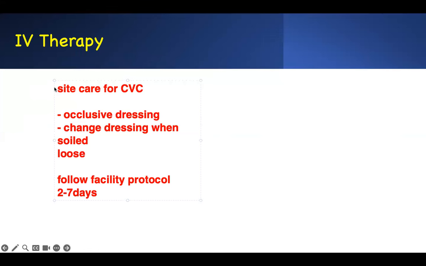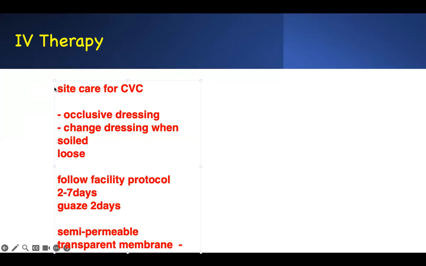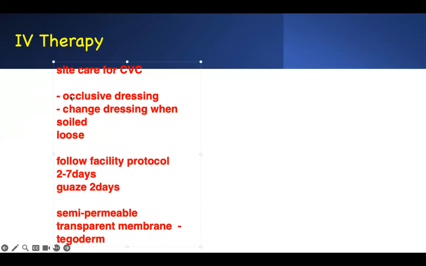If you just have gauze on it, 2 days is okay. Most of the time, they want you to have a semi-permeable, transparent membrane dressing, which is what we call Tegaderm. You've heard it before, and this usually lasts a long time, like 7 days, and then you can take it out.